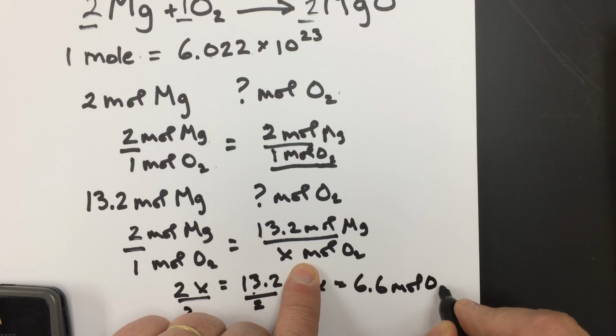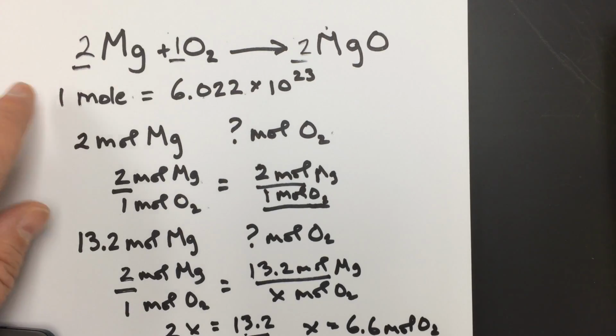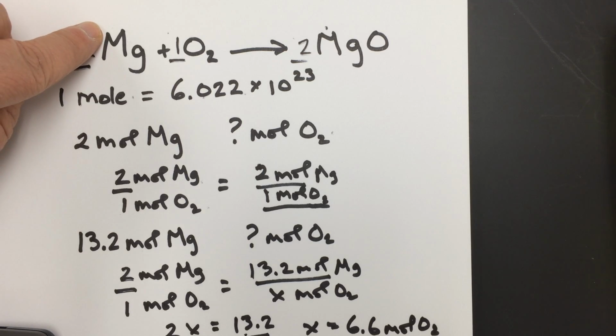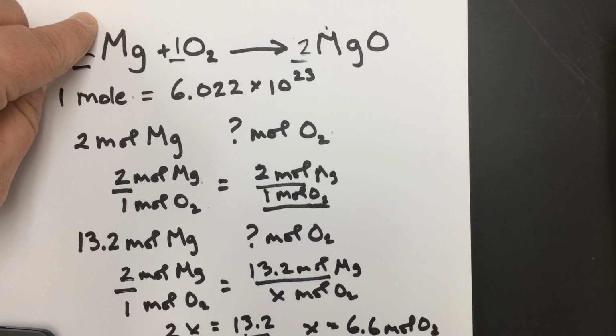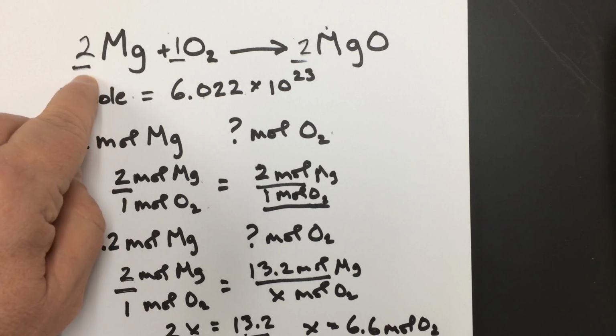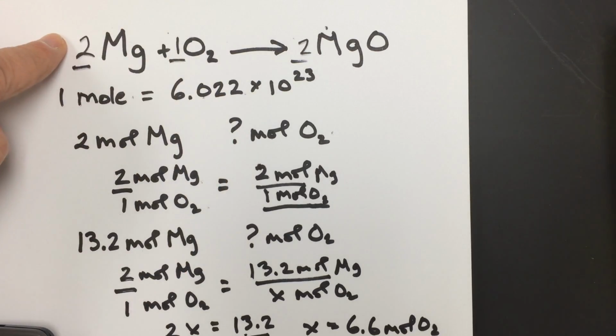Oxygen. Okay, so in this case, if it's a 2 to 1 relationship, and I have 13.2 of magnesium, 1 is half of 2. I'm going to have half of 13.2 as my number of moles for oxygen.